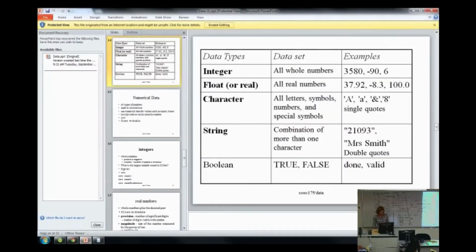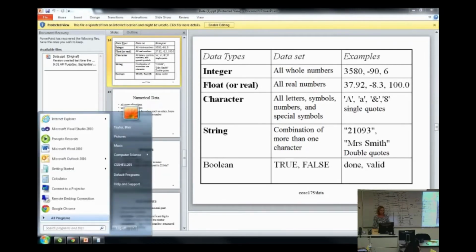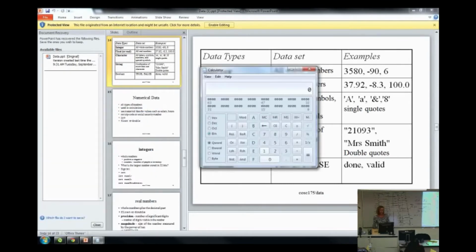And this is one of the exercises you'll be working on soon. What do you think the largest number that I can put into this space is? Can you be more specific? 32 ones, right? Agreed?